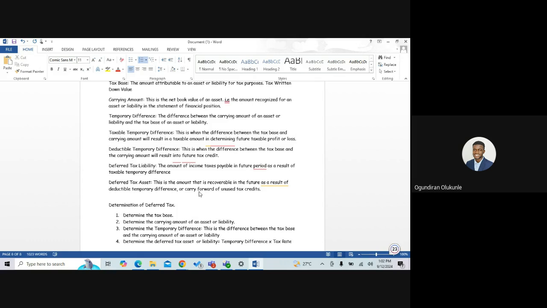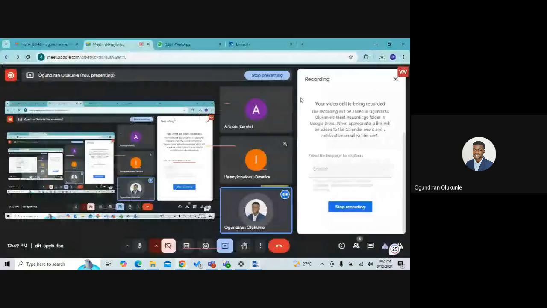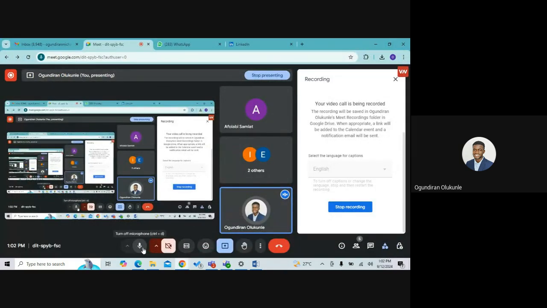Temporary difference times the tax rate. So that's simply a brief overview of what we are to look at. So having said that, let us delve into illustration. Let us move straight into illustration.